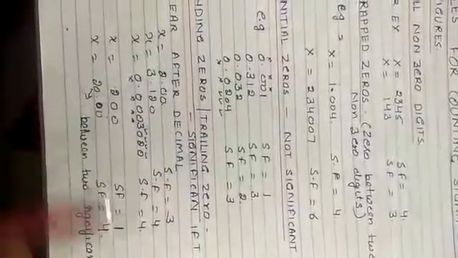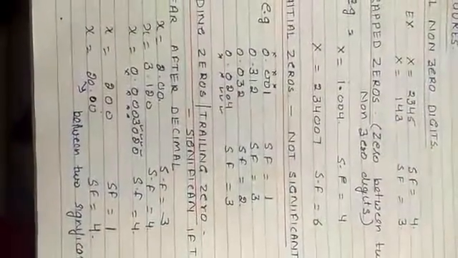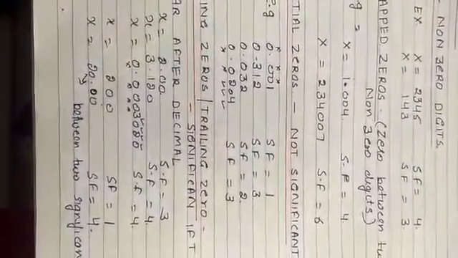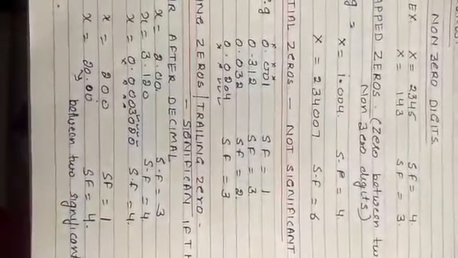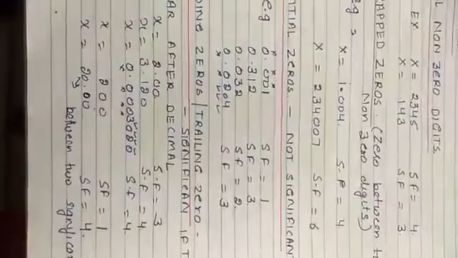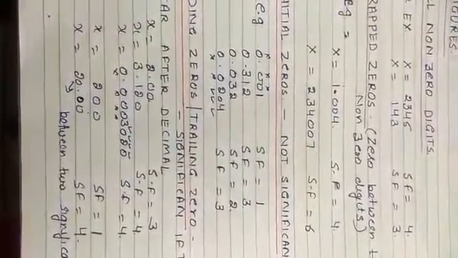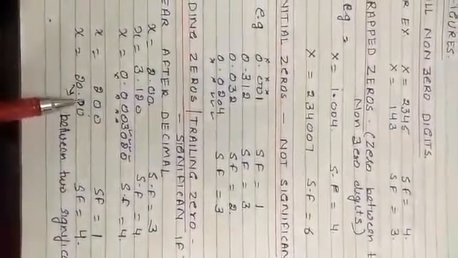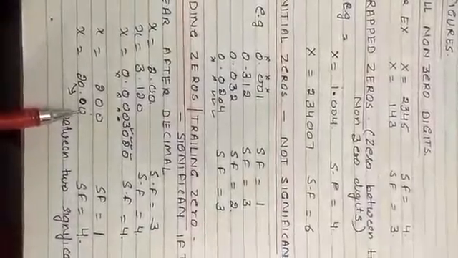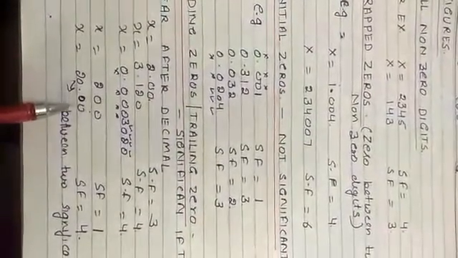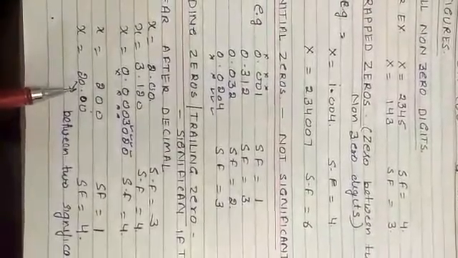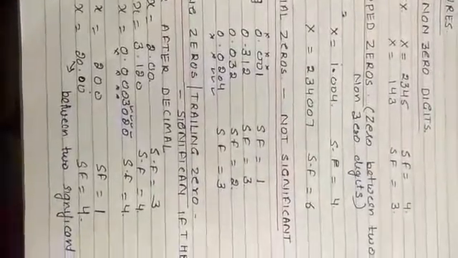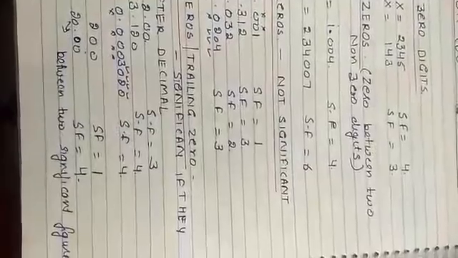But if x is equal to 200, the two zeros are not after the decimal and they are ending zeros, so they are not significant, and significant figures are 1 only. But if x is equal to 20.00, these zeros are after the decimal, so they are significant, and this zero is in between significant figures, so that is also significant. Now the significant figures are 4. Ending zeros are significant if they are after the decimal.